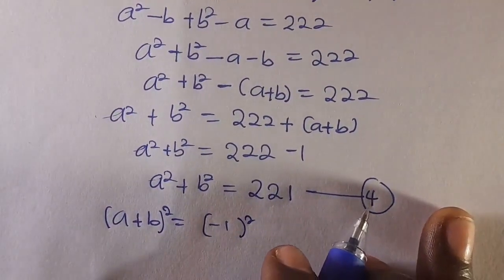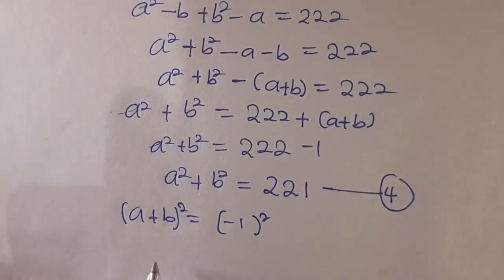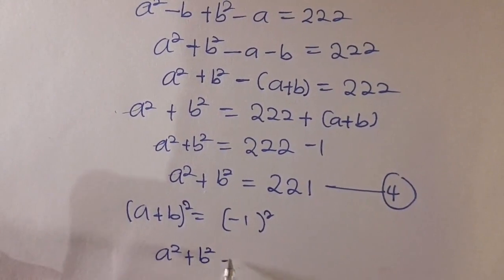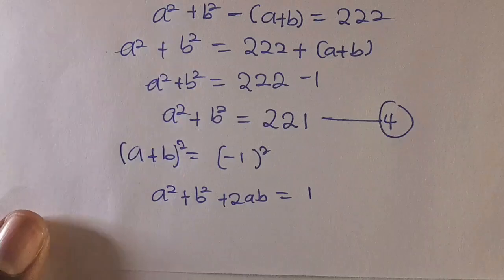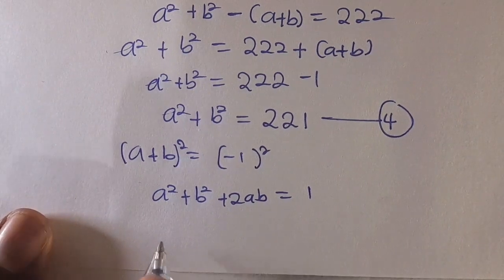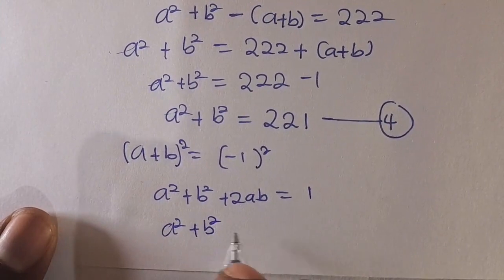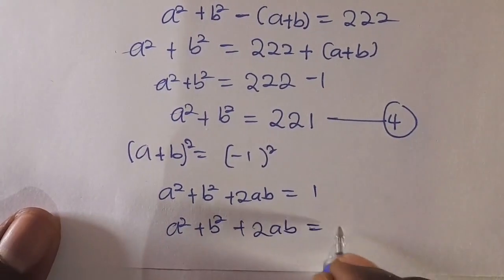When we take the square of both sides, from here we're going to have a squared plus b squared plus 2ab equals 1. So now from here we have our a squared plus b squared plus 2ab equals 1.